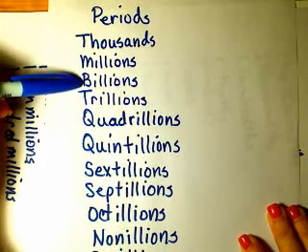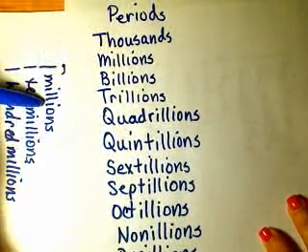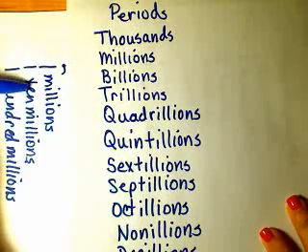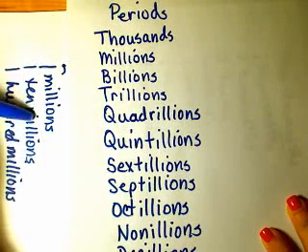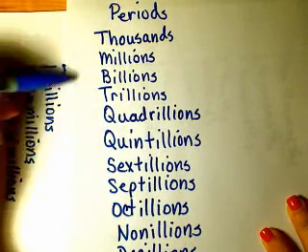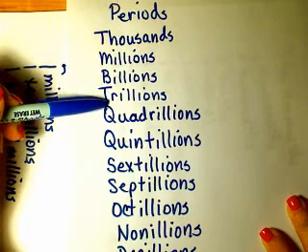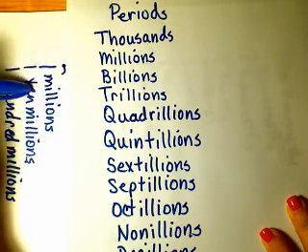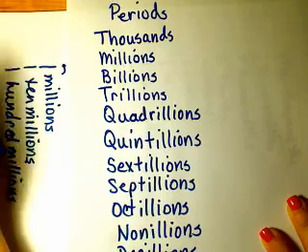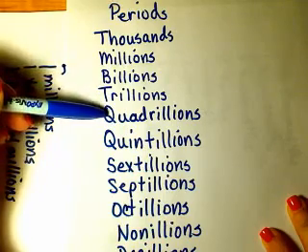So the period in billions would be billions, then we would have 10 billions, 100 billions. Then we get to the trillions period, and then we'd have 10 trillions, 100 trillions, then quadrillions, and so forth.